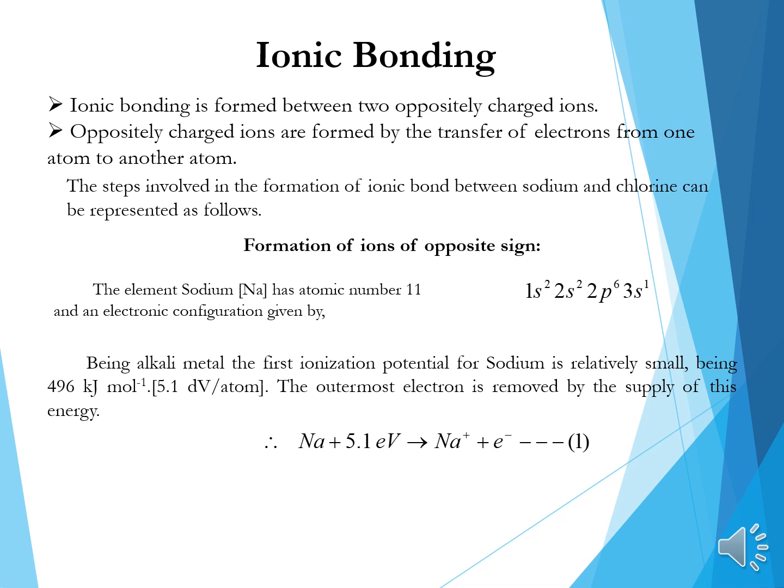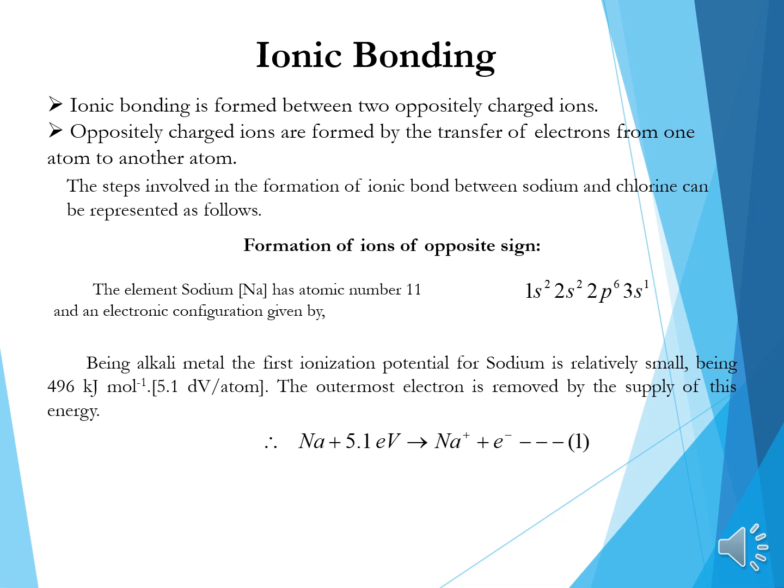Now let's take the help of sodium chloride and try to understand this ionic bonding. The steps involved in the formation of ionic bond between sodium and chlorine can be represented as follows. Sodium has atomic number 11 and its electronic configuration is 1s2, 2s2, 2p6 and 3s1.